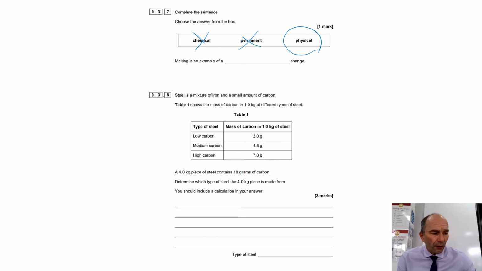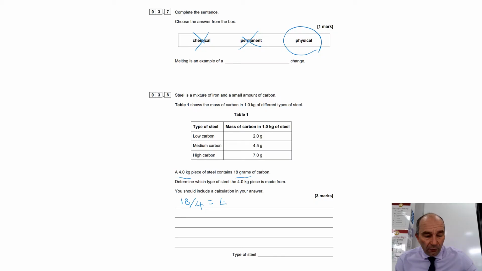Now, there's two ways you can go about answering this question. You could have a look at the mass of carbon per kilogram of steel. Now, we've got a 4 kilogram piece of steel containing 18 grams of carbon. Well, how much carbon do we have in 1 kilogram? To do that, the calculation we do is 18 divided by 4.